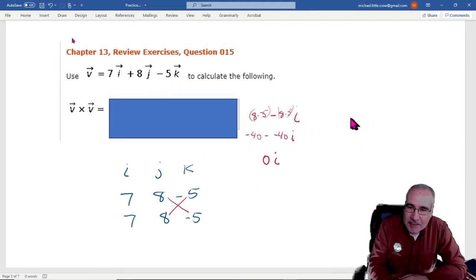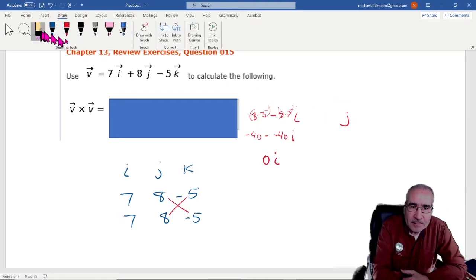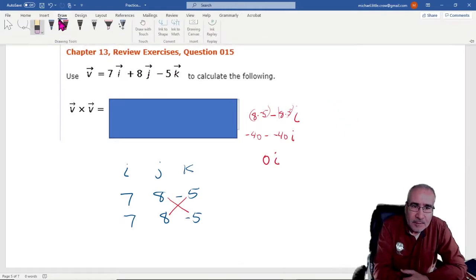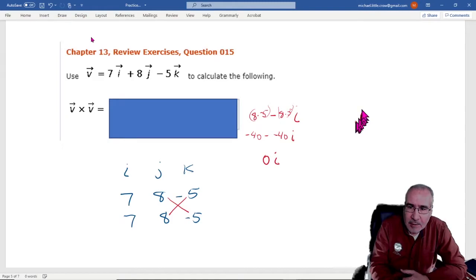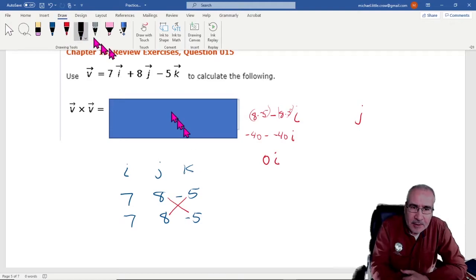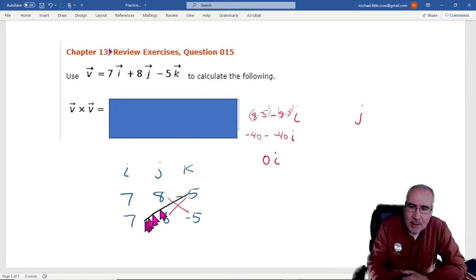So for the j component, we take the I and the k. So we're going to take 7 times, but remember, we kind of do it backwards. The one that comes first is going to be negative 5 times 7, minus 7 times negative 5.